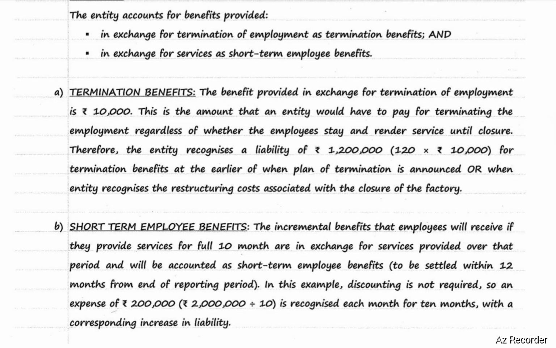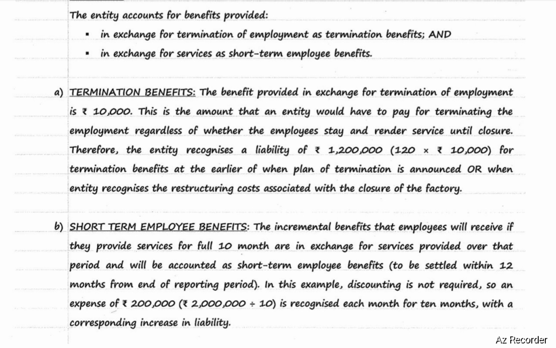This is the amount that an entity would have to pay for terminating the employment, regardless of whether the employee stays and renders service until closure. Therefore, the entity recognizes the liability of 12 lakhs, 120 into 10,000, for termination benefits at the earlier of when the plan of termination is announced, or when the entity recognizes the restructuring costs associated with the closure of the factory.